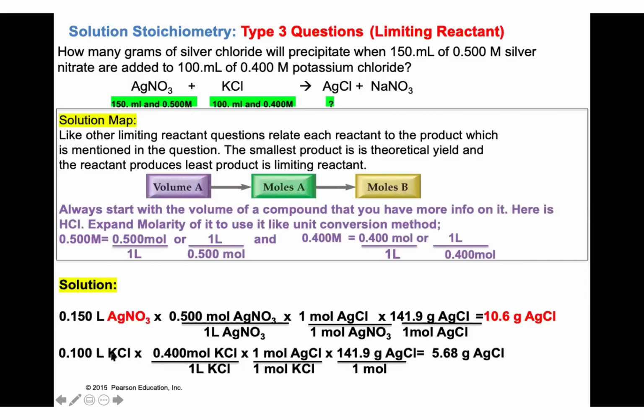So I'm gonna start again with the volume, convert to liter first, then I use a molarity, I expanded it here. Which one I should use here? Left one. Why? Because the unit should cancel out the previous unit. Then I use the coefficients to relate to product, and again convert to gram of the same product, and this one will be 5.68.